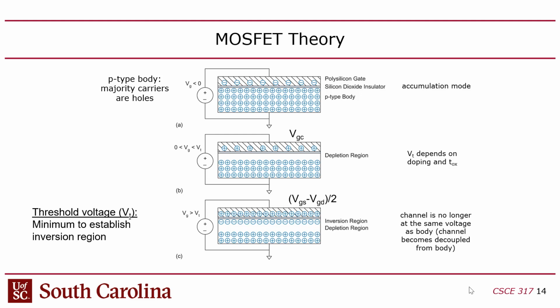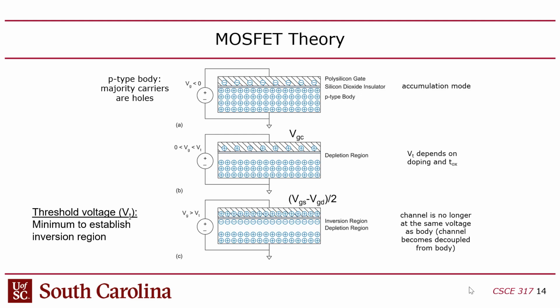They start to get repulsed, because an electric field starts to form, and that electric field moves these charge carriers down. So the channel ends up becoming decoupled from the substrate, from the bulk, but it's not enough to attract the electrons in there to form the channel.